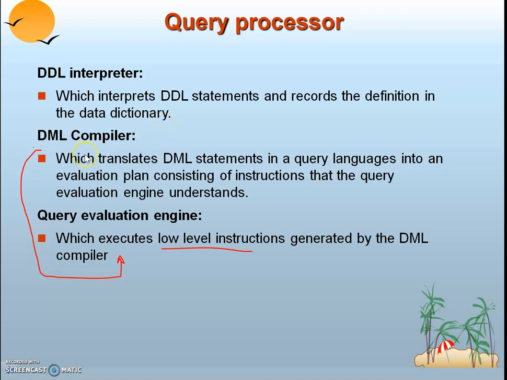Next, the DML compiler translates all DML statements given in the query and converts them into machine level language, that is low level language, so that the evaluation engine can easily understand. And the query evaluation engine executes the low level instructions given by the DML compiler and performs the operations of the query.